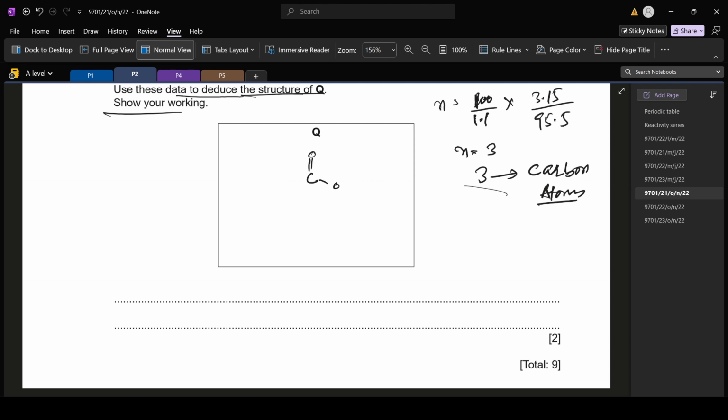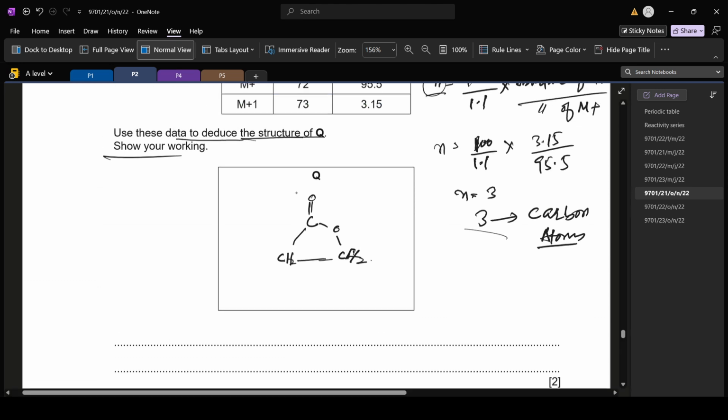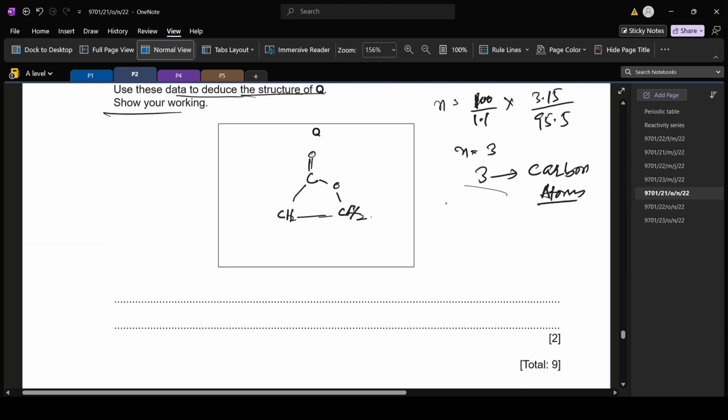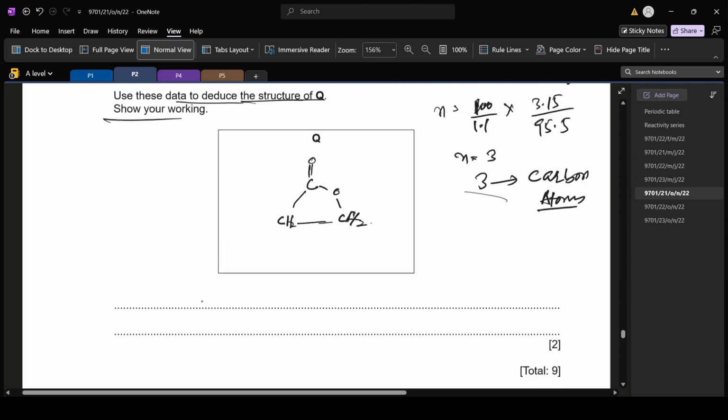You will attach another carbon here, CH2, so this is your structure, and you can also draw it in a skeletal form. You can show your working here, the working I showed, in these lines.